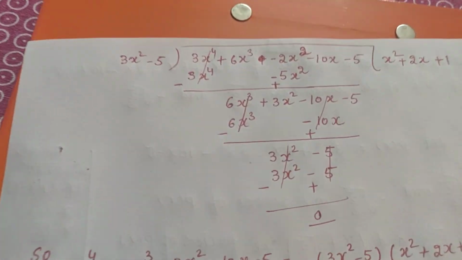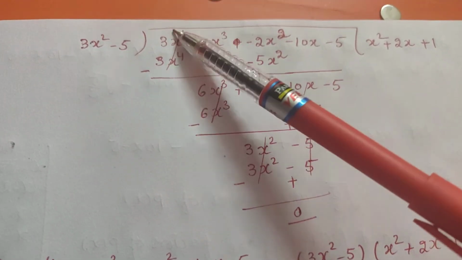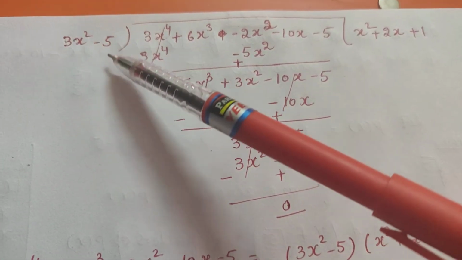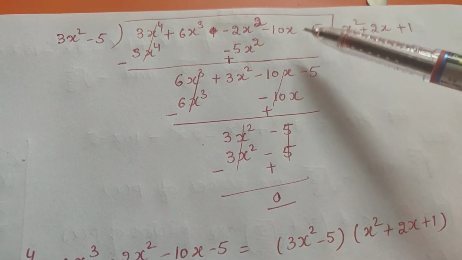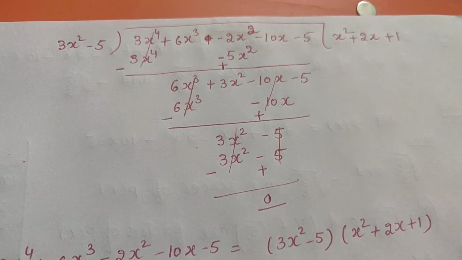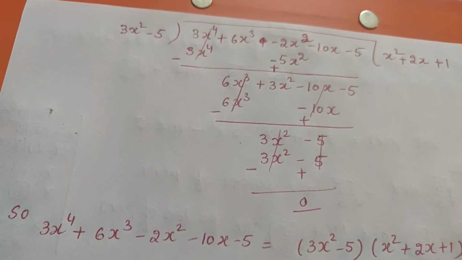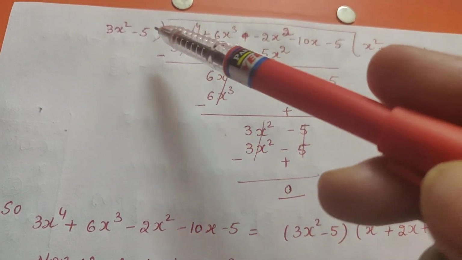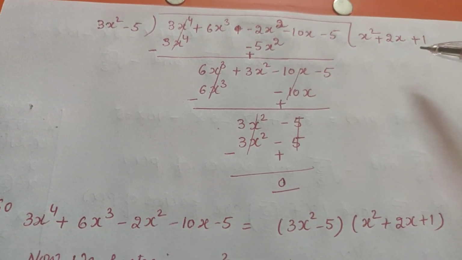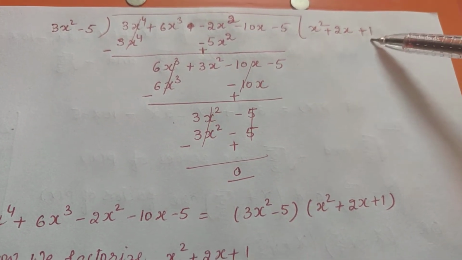So check here. I have divided this polynomial by 3x square minus 5. You know how the division is to be performed. In the last video I told you how division will be performed. And after dividing this polynomial p(x) by 3x square minus 5, I got this as quotient.